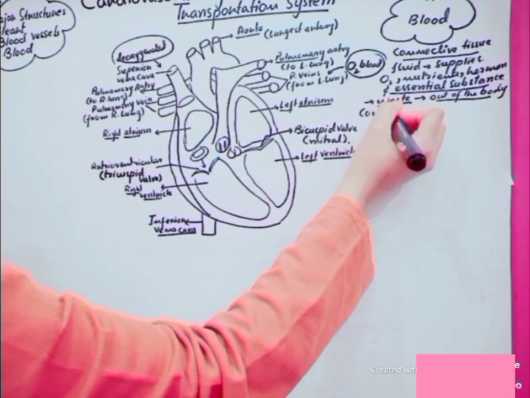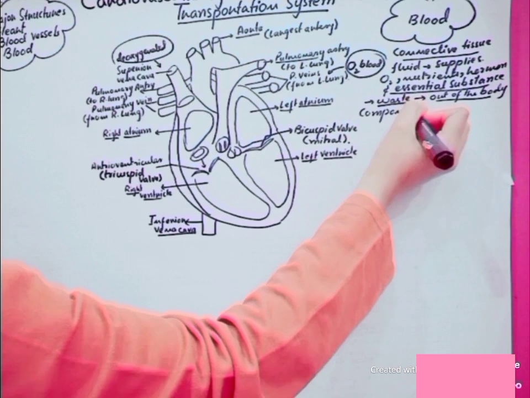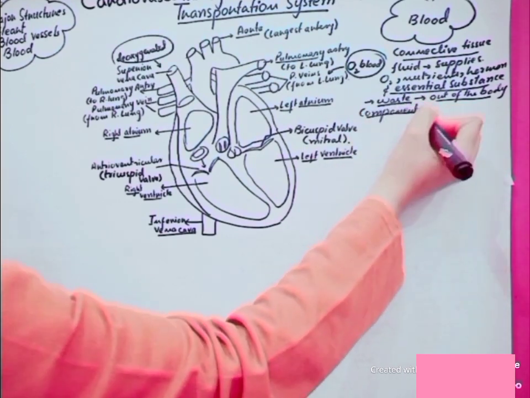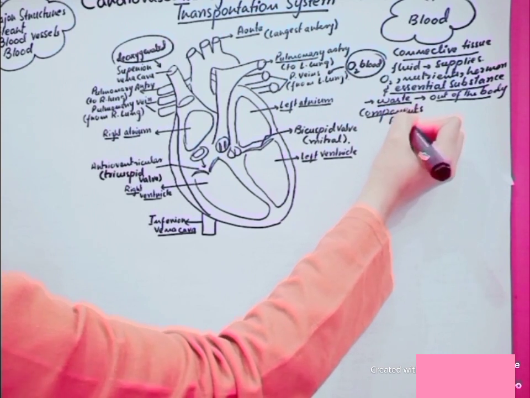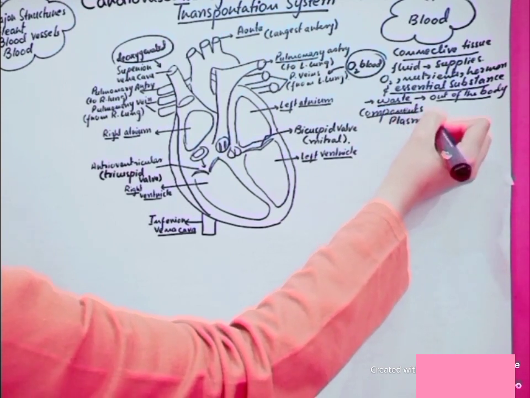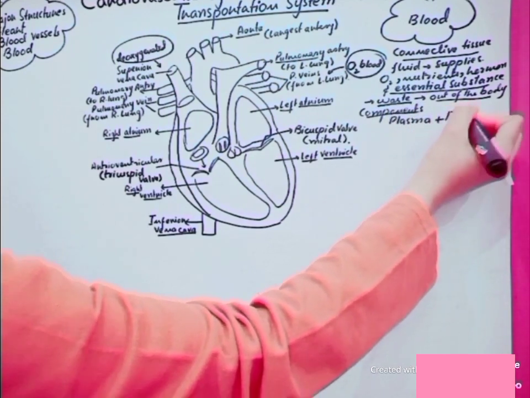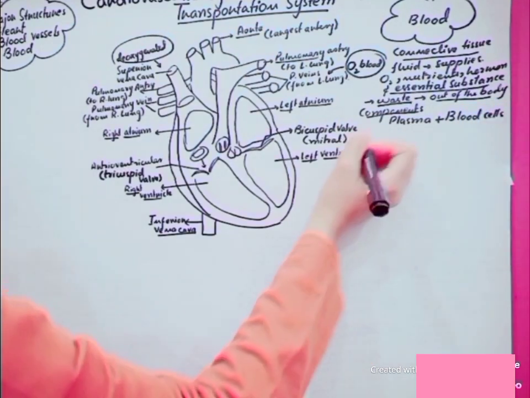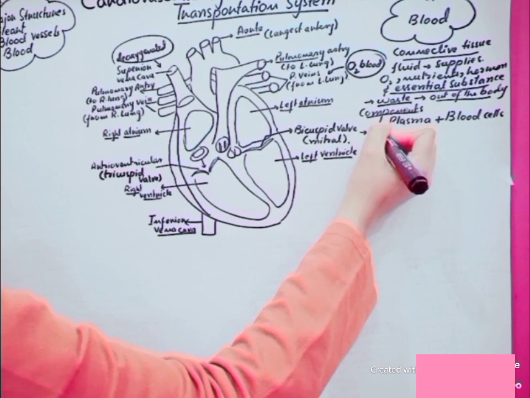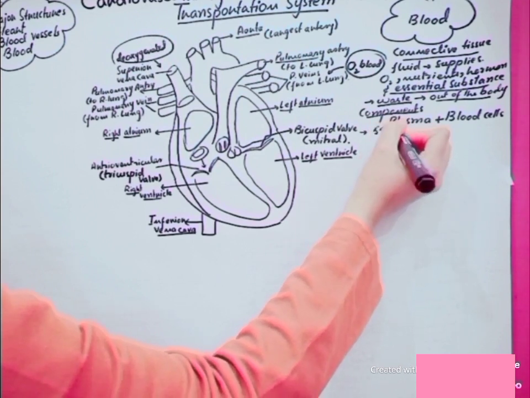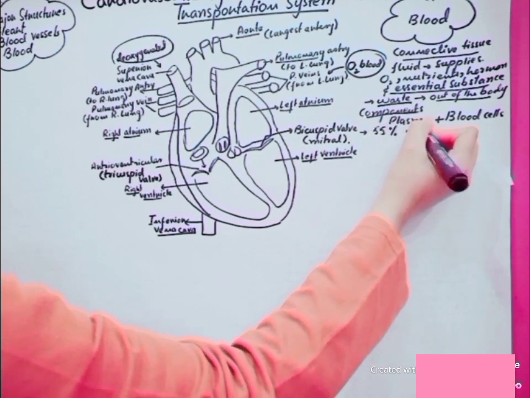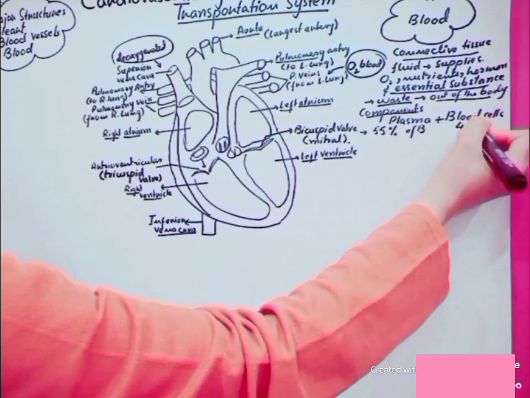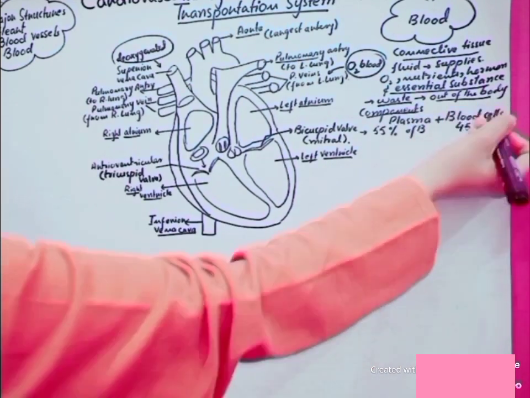What are the components of blood? The blood is composed of plasma and blood cells. The plasma constitutes 55% of blood, while 45% is blood cells.